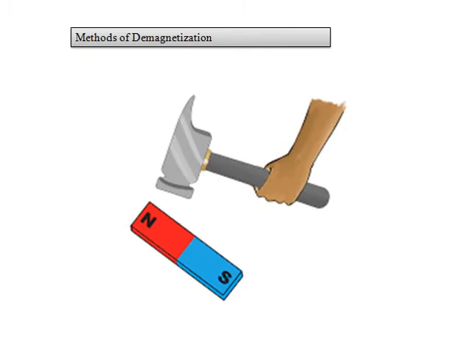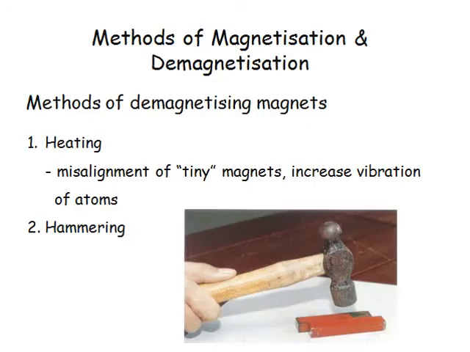Generally the magnets available in any lab are soft magnets which cannot tolerate the blow of a hammer. So if you're using this method, you have to use a steel magnet which has the tolerance to face such a huge force because of hammering.